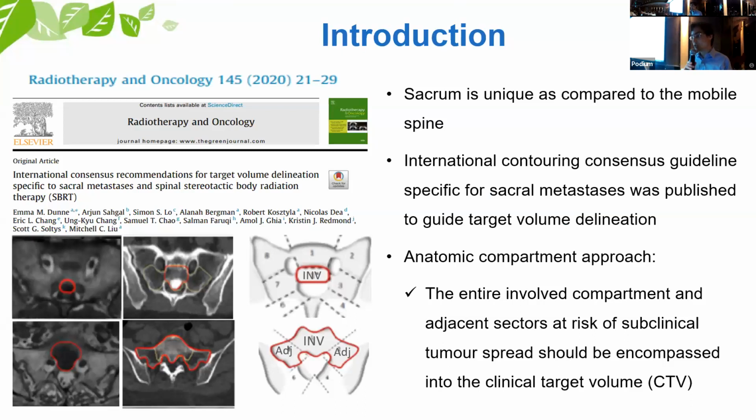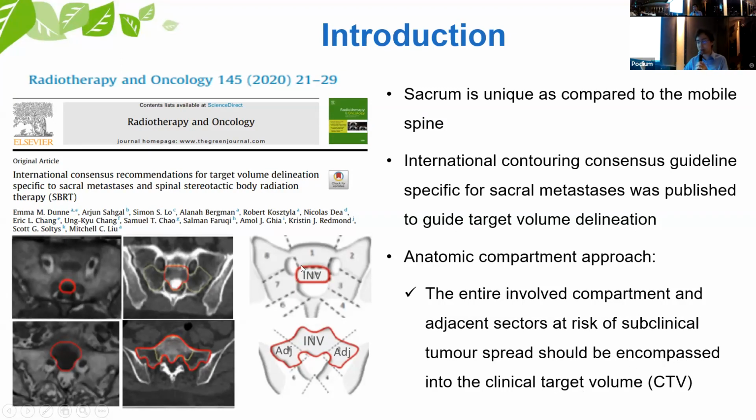So the sacrum is unique as compared to the mobile spine, and to address these unique characteristics, an international contouring consensus guideline specific for sacral metastasis was published to guide target volume delineation. This guideline recommends an anatomic compartment approach in which the entire involved compartment and adjacent sectors at risk of subclinical tumor spread should be encompassed into the clinical target volume.